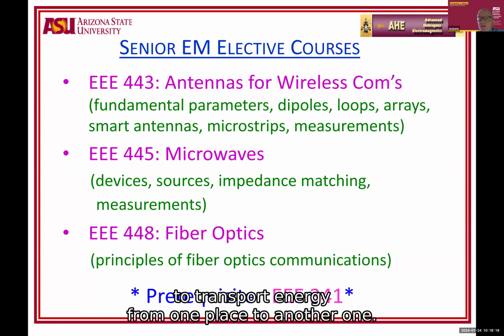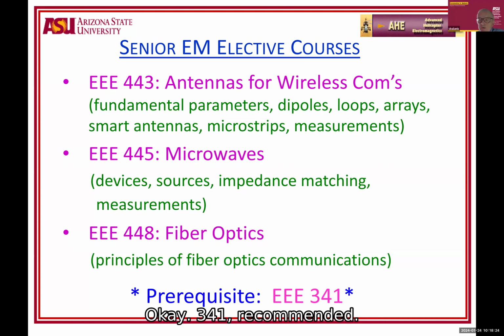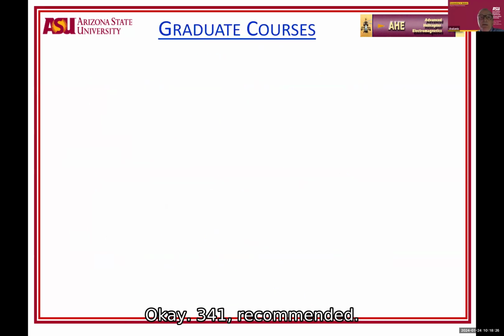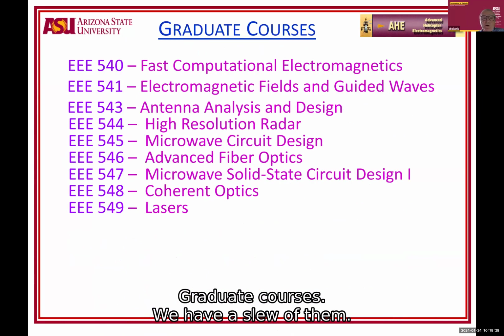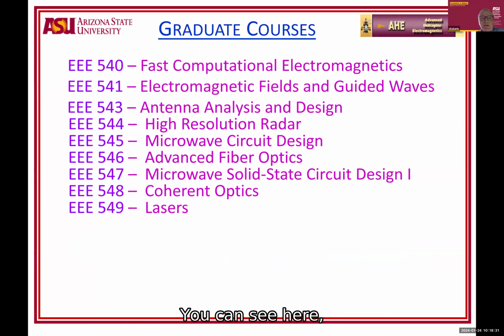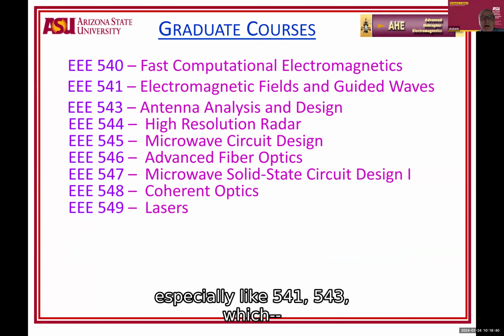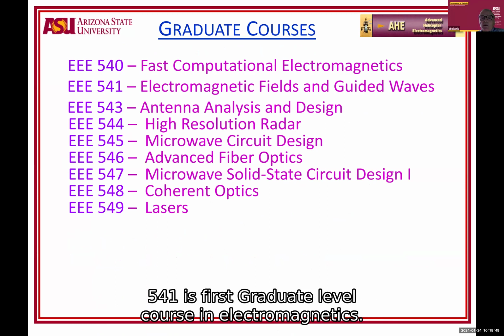to transport energy from one place to another one. Okay, 341, recommended. Graduate courses, we have a slew of them. You can see here. And we offer them on a frequent basis, especially like 541, 543, which is the first one. 541 is a fresh graduate level course in electromagnetics.